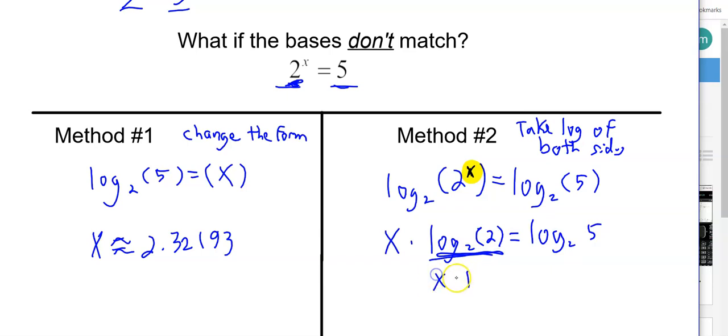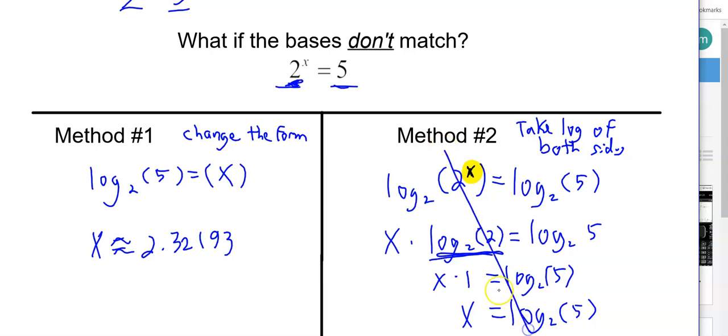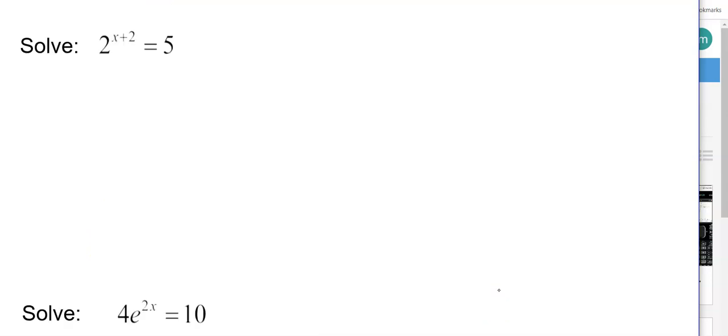So we have x times 1 equals log base 2 of 5, and so x equals, we get to the same answer as the other method. It's such a nice method, but honestly, no students really use it. It shows you the beauty of mathematics. It just takes 4 or 5 steps to do what we did in 1 step over there.